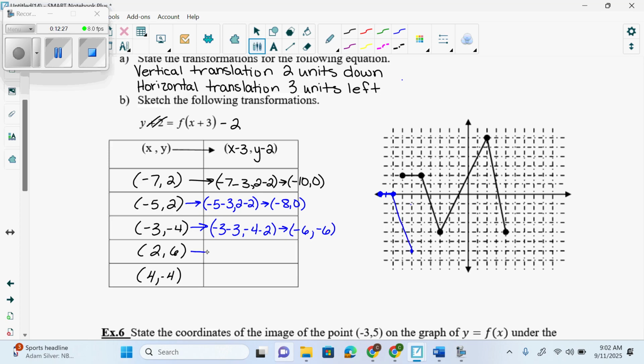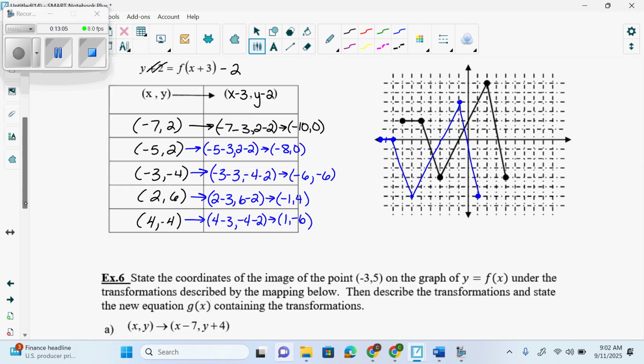And then we go, 2 minus 3, 6 minus 2, and we get negative 1 and 4. Connect it. And then our last one, 1 and negative 6. And we connect it. Okay?